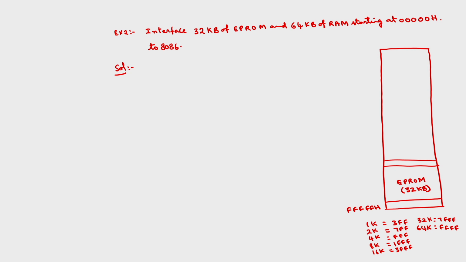So if the ending address is FFFFFH, this is 32 kilobytes. To get the starting address, you have to subtract 7FFF. So if you subtract 7FFFH from FFFFFH, you get F8000H.